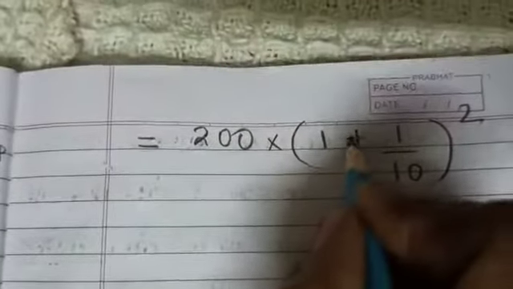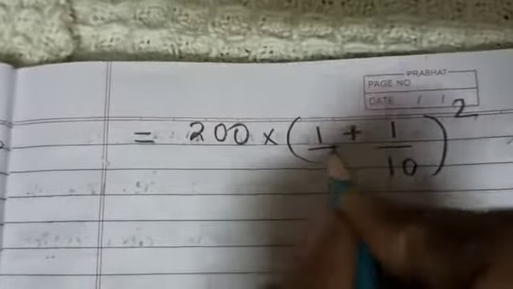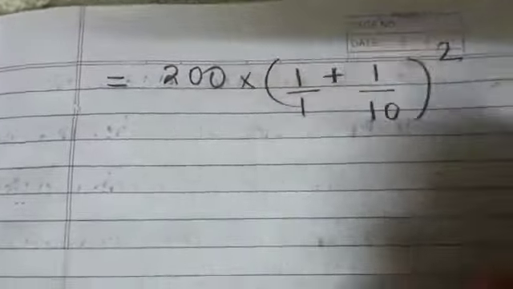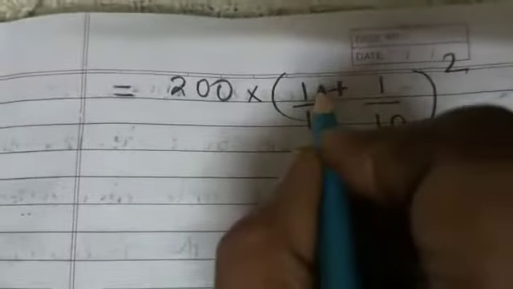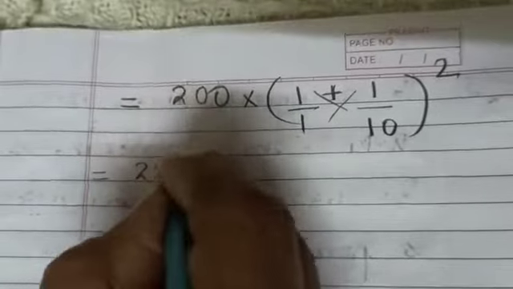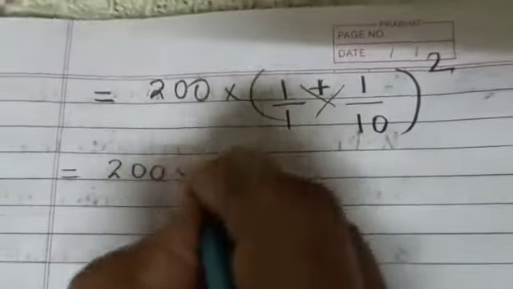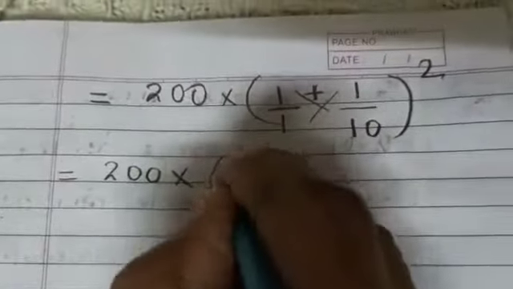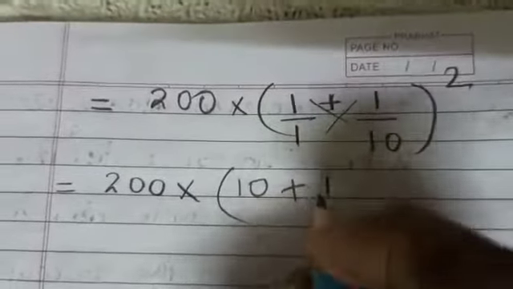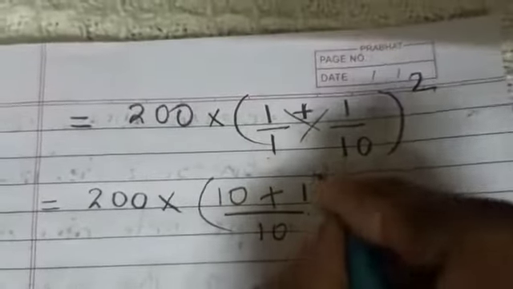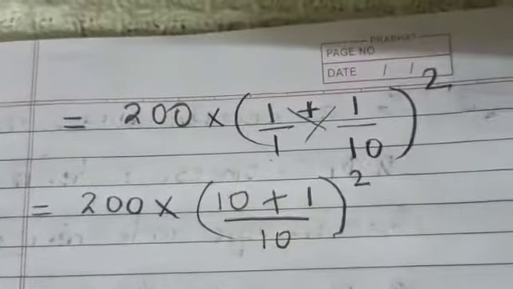Now again here the operation is addition. There's no denominator, so I'm putting the denominator as 1. And I'm equalizing the denominator by cross multiplying. So that is equal to 200 into 1 tens are 10 plus 1 ones are 1 upon 10 into 1 is 10, the whole raised to the power of 2.